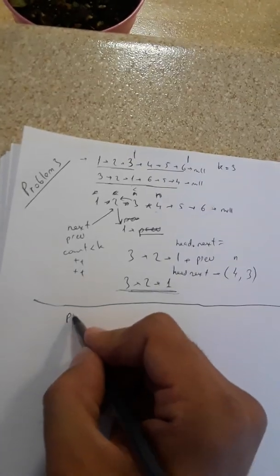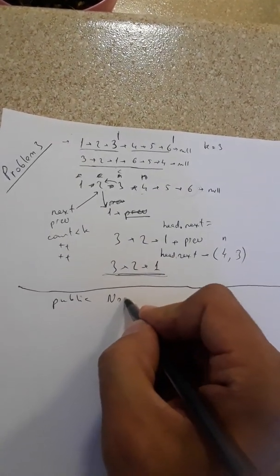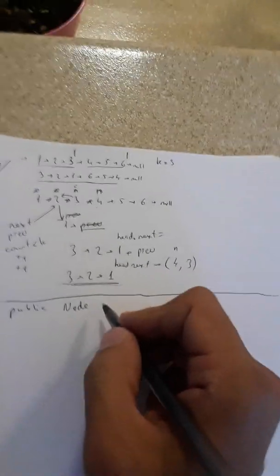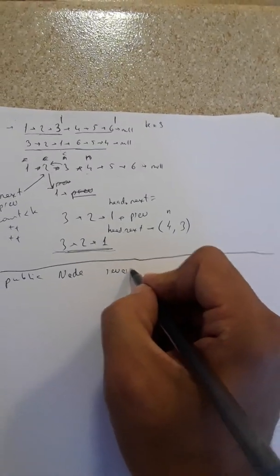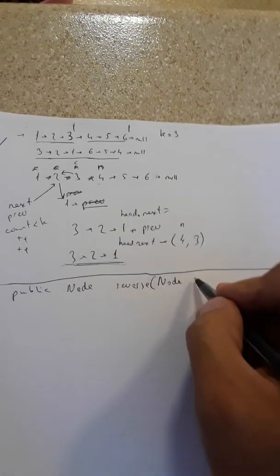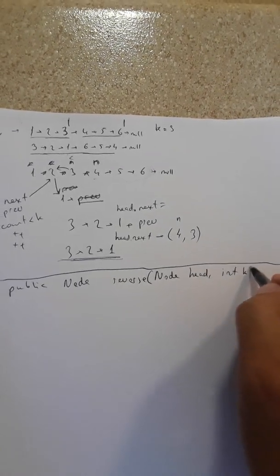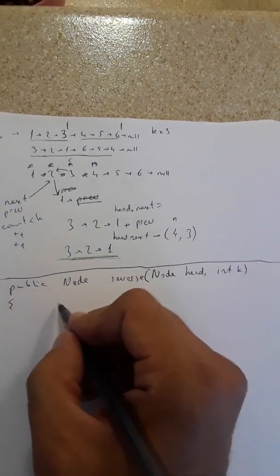The code will be returning the node of the new linked list. I will call it just reverse. So it will be passing just the head and the k variable.